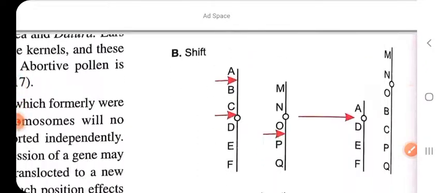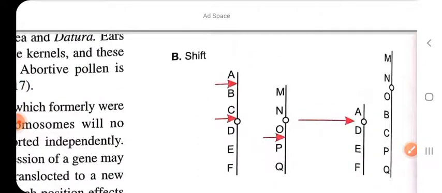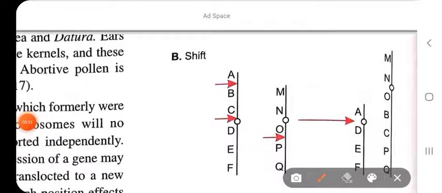Let us move to the next one, shift translocation. In shift translocation, the interstitial segment, or intercalary region, of the chromosome is broken off and inserted within the breaks in another non-homologous chromosome.